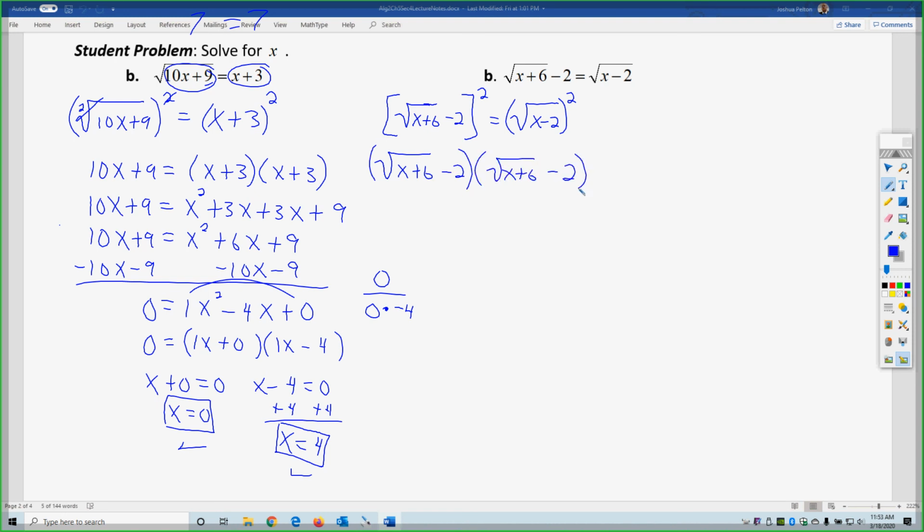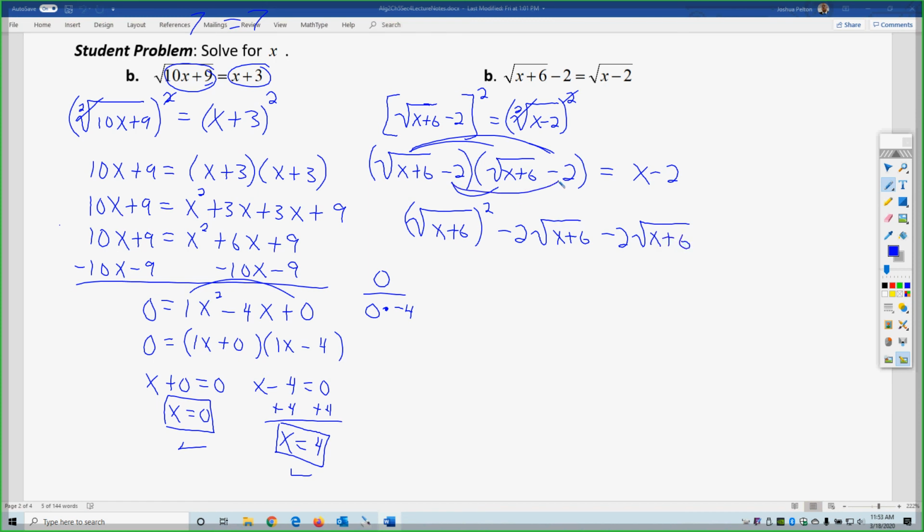And on the right side, we're just left with x minus 2, because all we have is an exponent and a radical, so they will cancel. Okay, so if we distribute now, we will get root x plus 6 squared, because it's times itself. Minus 2 root x plus 6, minus 2 root x plus 6, and plus 4.